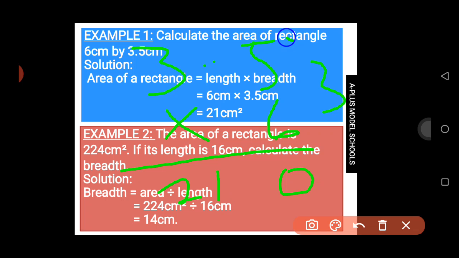You have one number after the point. So go back to your answer and count one number. Then put your point there. So when you put your point there, that will give you 21.0, which is still the same thing as 21 centimeters squared.